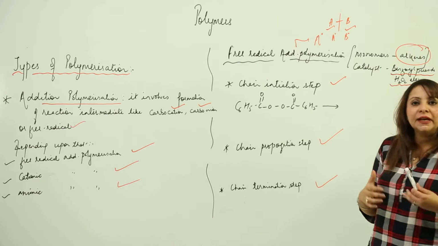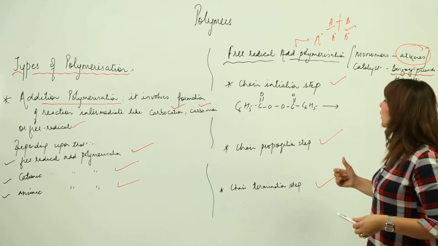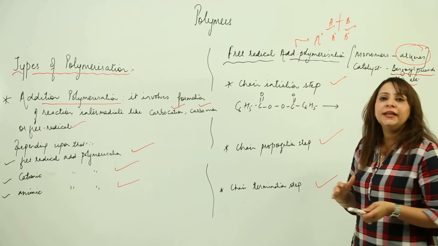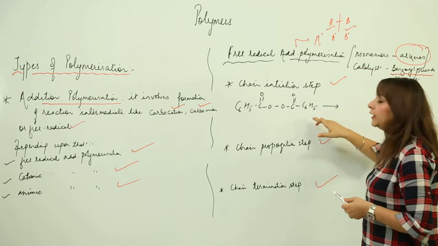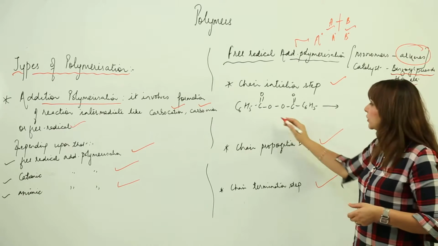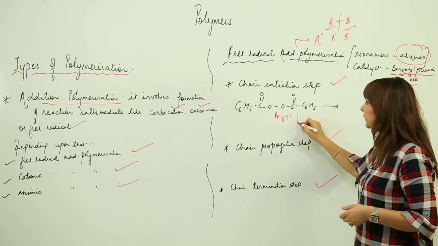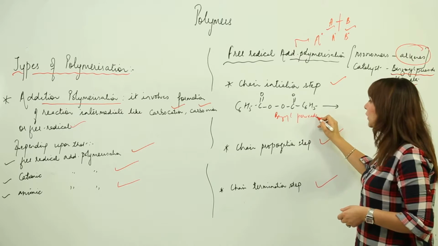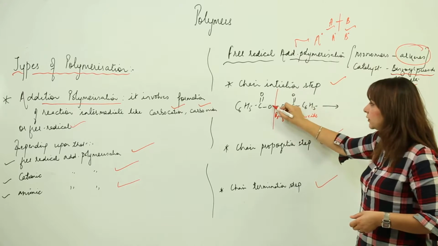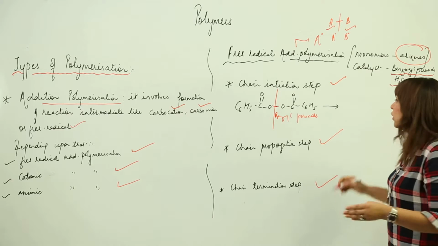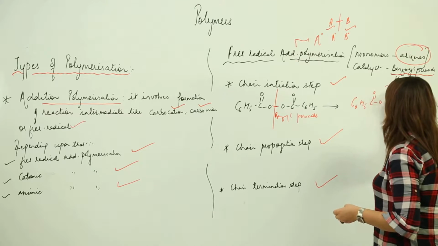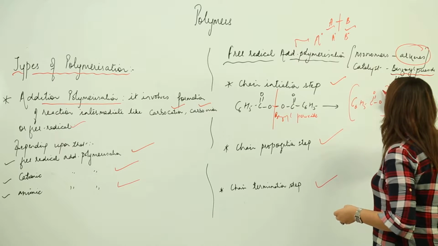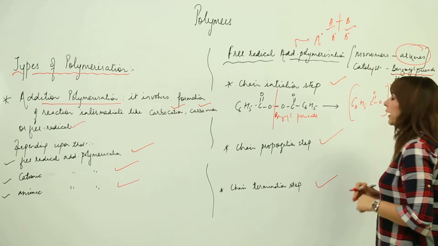So, how does the mechanism take place? Just look at the board. The first step is the chain initiation step, in which this benzoyl peroxide undergoes homolytic fission. This is my benzoyl peroxide, as you can see here, and homolytic fission means equal cleavage. It results in the formation of, obviously, a free radical. This is our free radical.